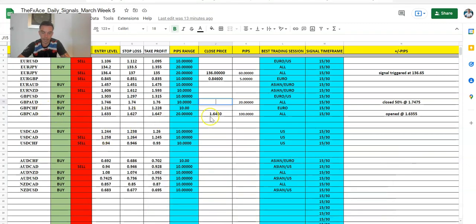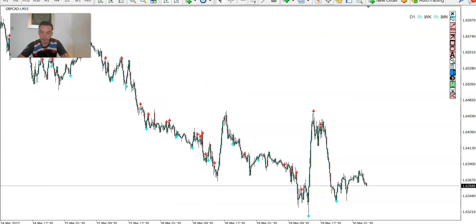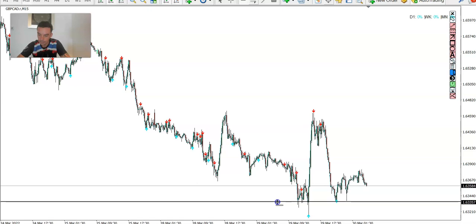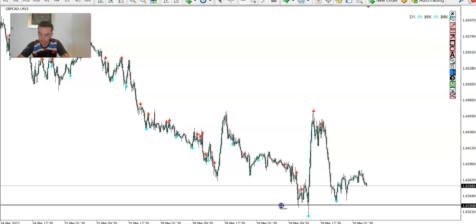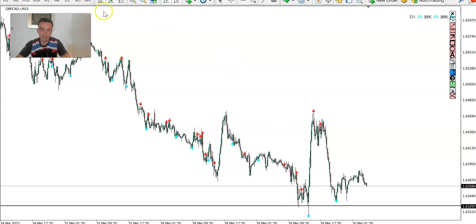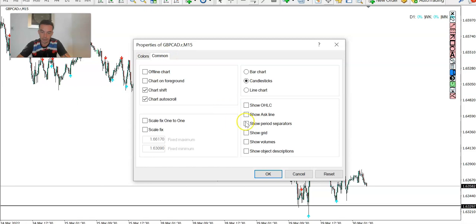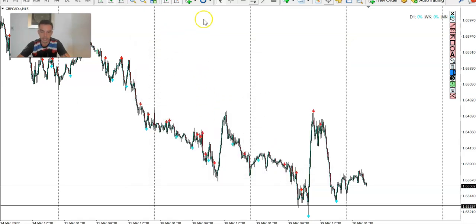British pound CAD, we're looking to take signals around 163,300, with a 20 pip barrier. 163,300 is way down there. We'll stick in the period separator. I try and make these videos as quick as possible because I know during the week people are pretty busy.